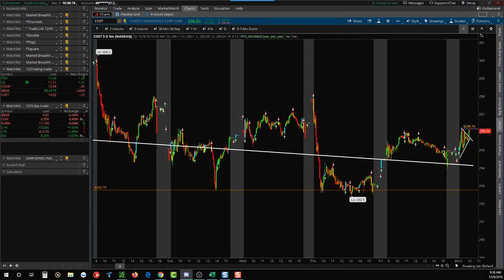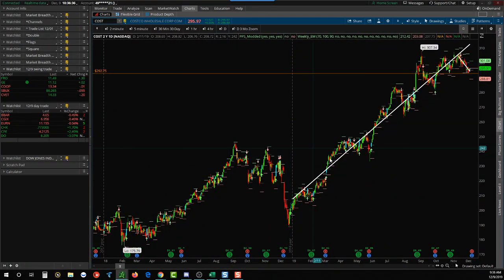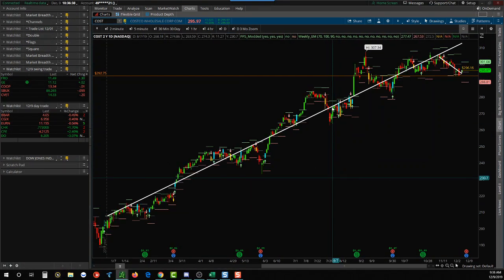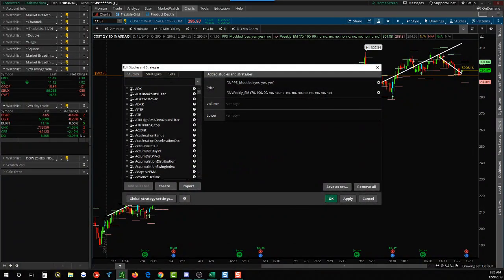So the only thing that we can do is play the volatility crush, or build a trade that makes money no matter what from the volatility crush.